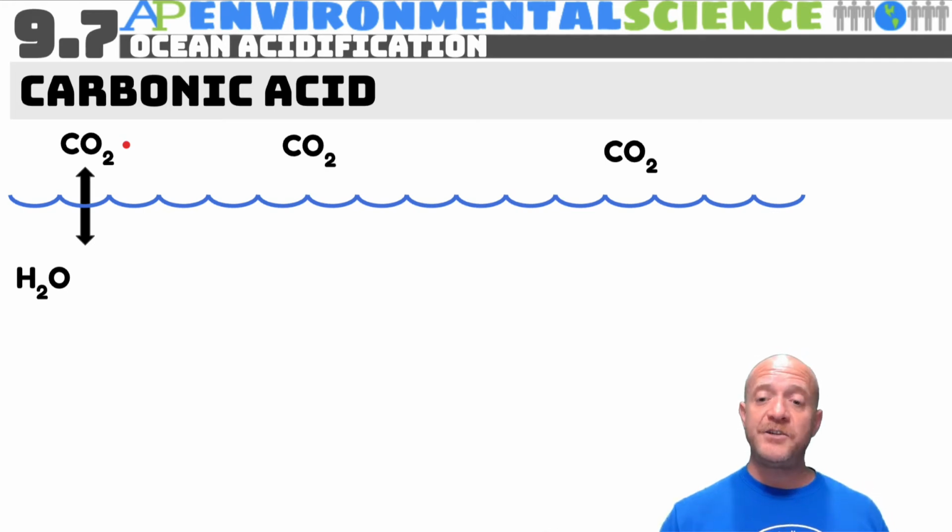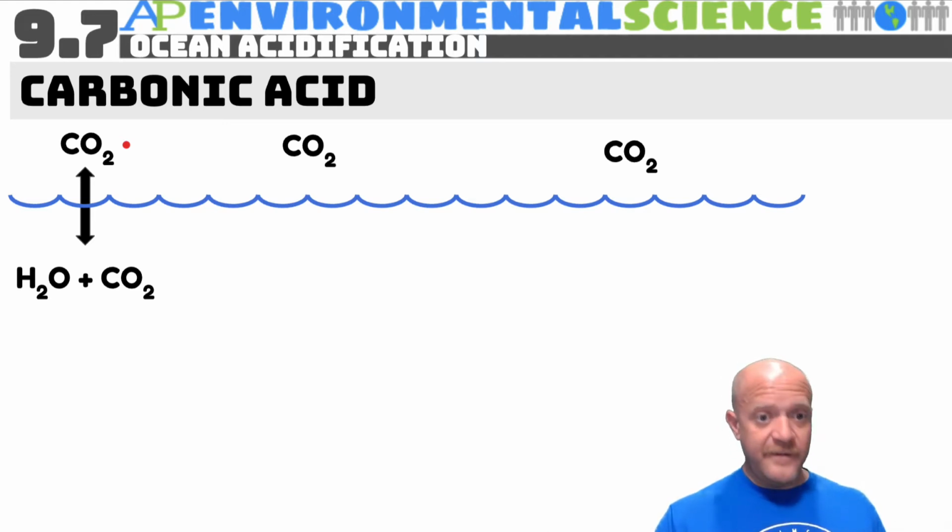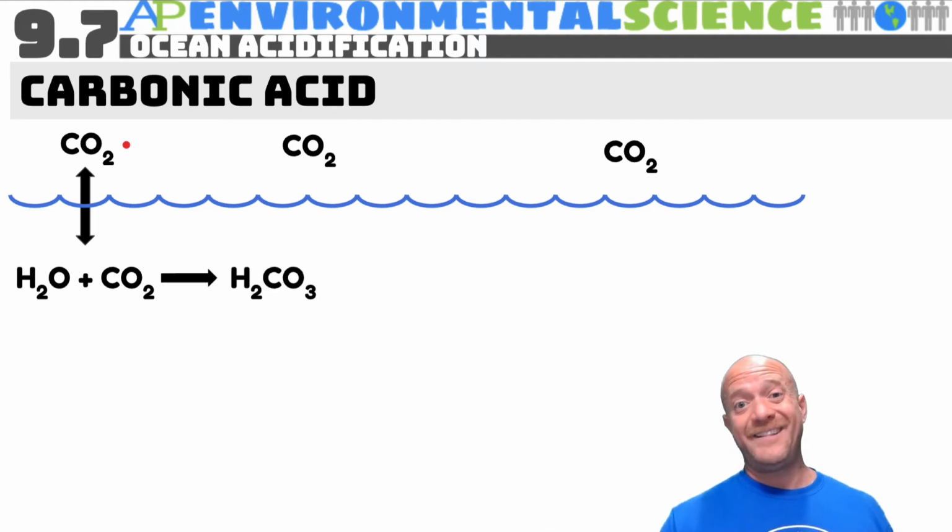When you add H2O and carbon dioxide, you will get H2CO3. This is carbonic acid. Now, carbonic acid is what is leading to the ocean acidification. However, the problem is not necessarily with the carbonic acid, but with what happens as a result.